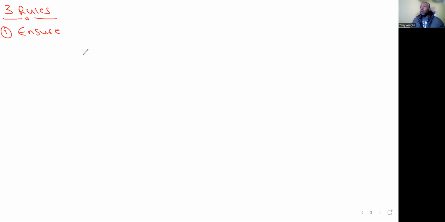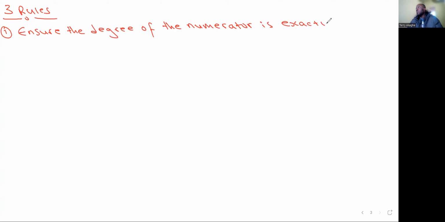The degree of the numerator must be 1 greater than the degree of the denominator. So you have to ensure the degree of the numerator is exactly 1. So it has to be exactly 1, okay?